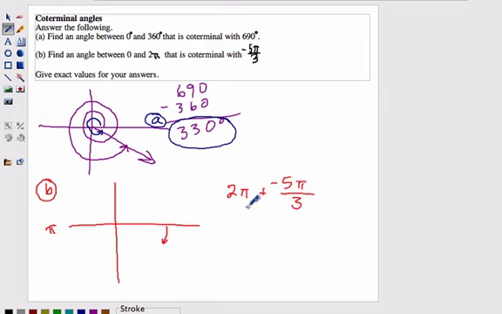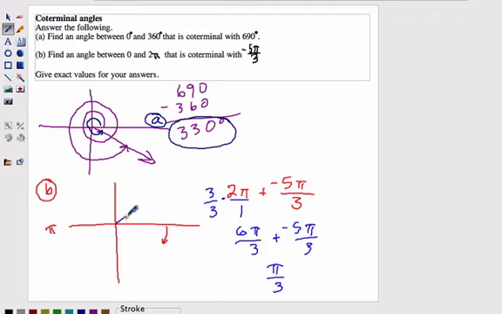I'm going to multiply this by 3 over 3. Think of this as 2 pi over 1, so I get a common denominator here. 6 pi over 3 plus a negative 5 pi over 3. Once I have the same denominators, I can add 6 pi plus a negative 5 pi, which is pi over 3.